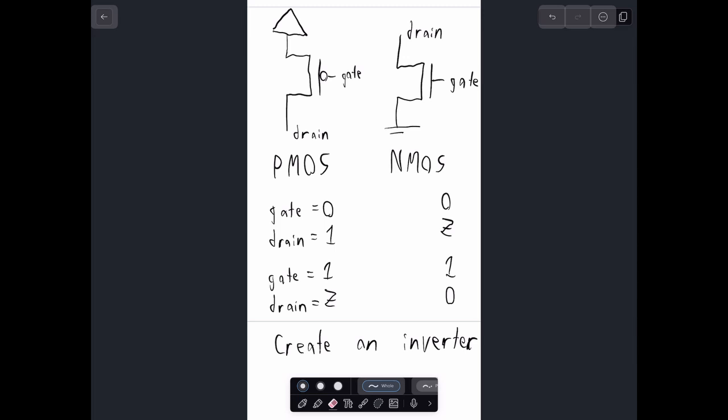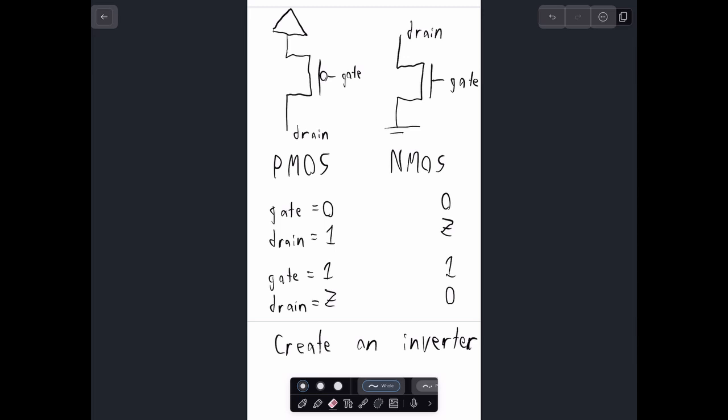So a NAND gate, let me write this out. If we have A NAND B, it's the same thing as first ANDing them and then inverting them. So if you have 0 0, 0 1, 1 0, 1 1. So 0 and 0, what is the output going to be if you use an AND gate? It's going to be 0.